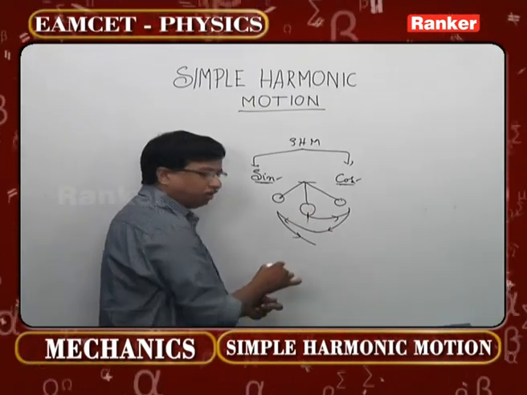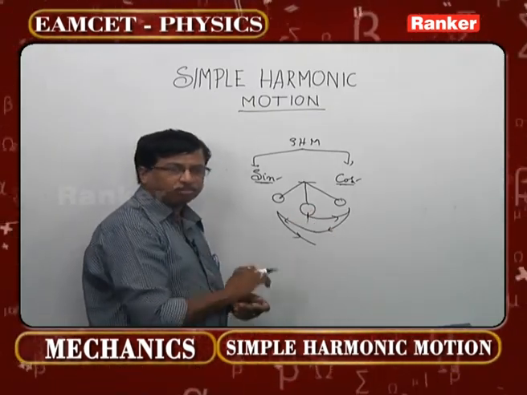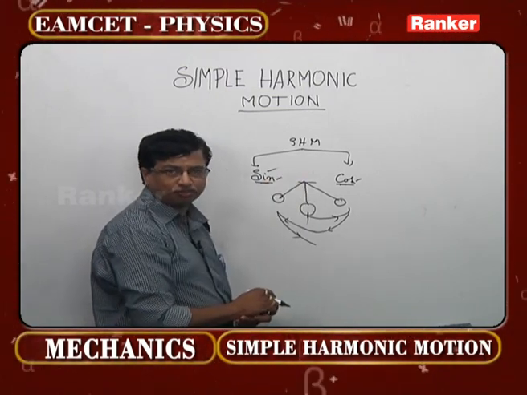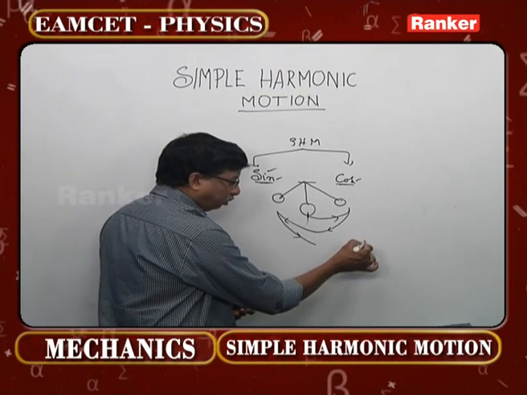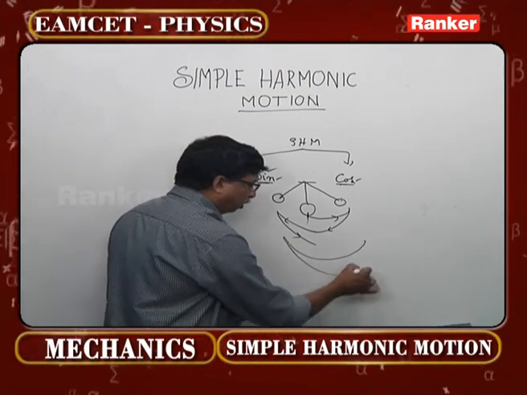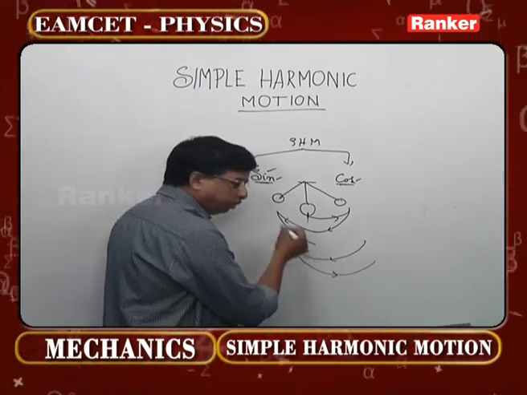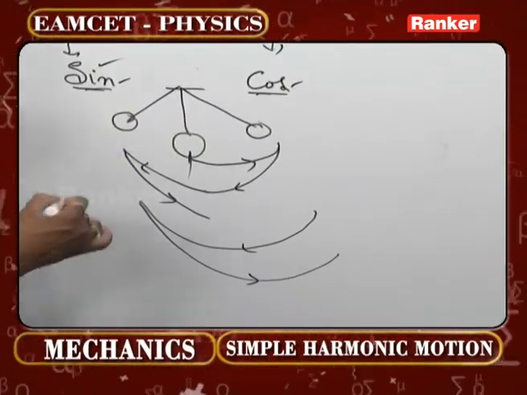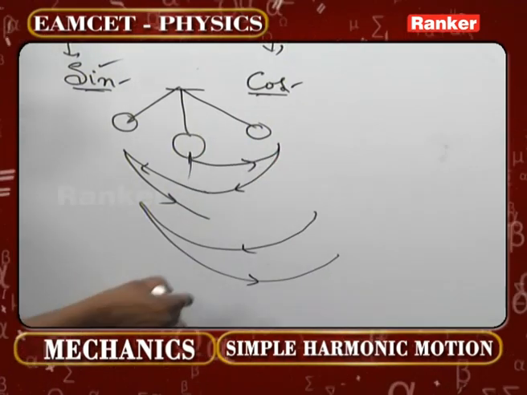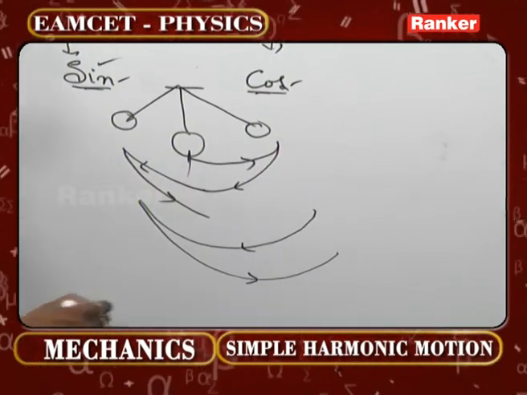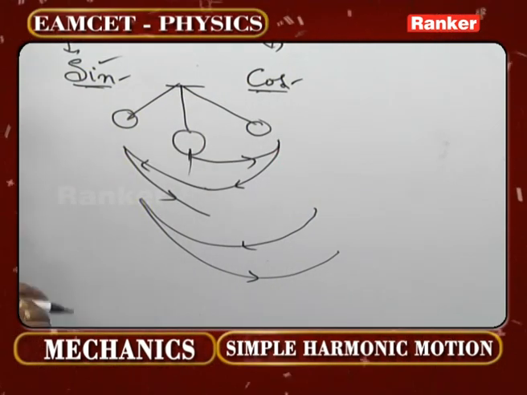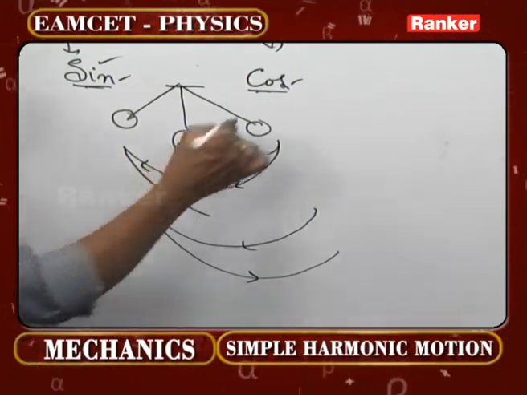Suppose the oscillation is counted starting from mean position of rest, then we opt for the sine functional equation. If I count the oscillation from extreme to extreme, that is from right extreme to left extreme, and from left to right once again, that is one complete oscillation. If you are measuring the oscillation from the extreme position, then it can be taken in terms of cos function.